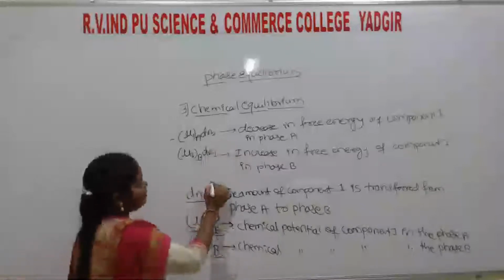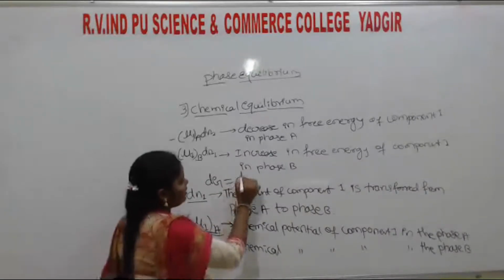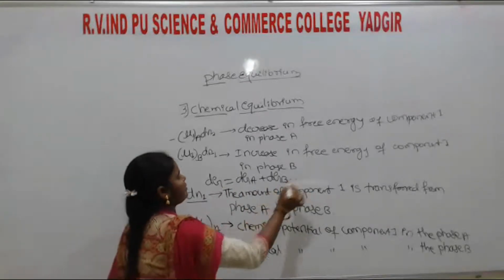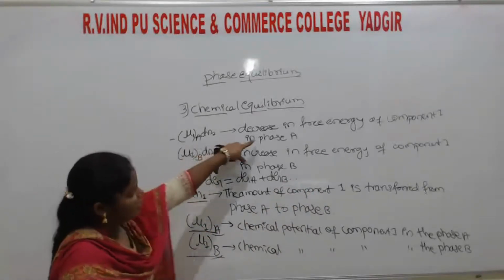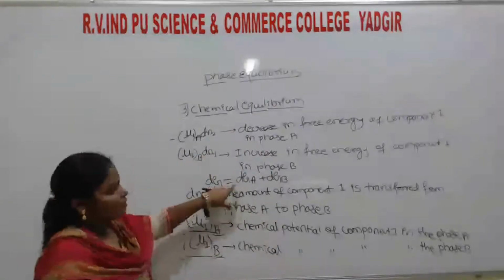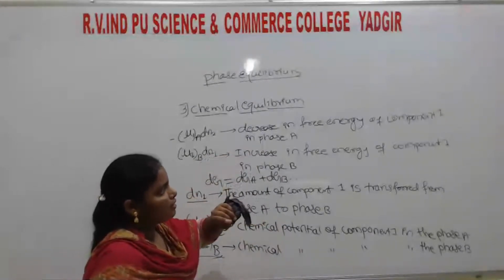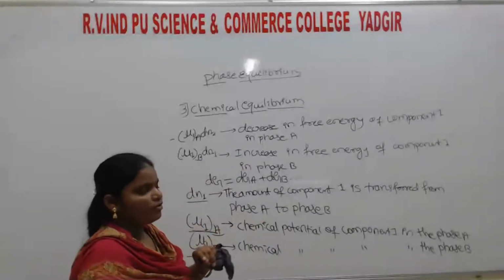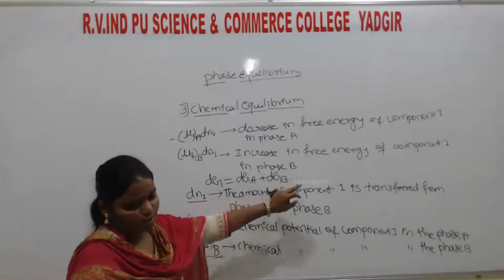So dG is the sum of the decrease in free energy of component 1 in phase A and the increase in free energy of component 1 in phase B. Here dG equals dGA plus dGB.